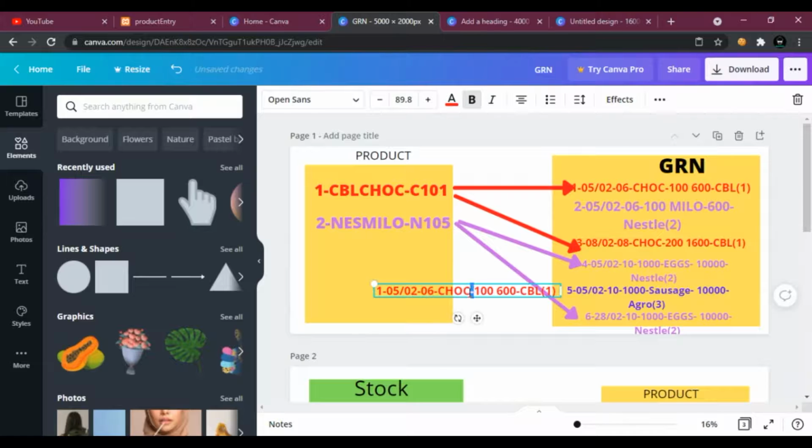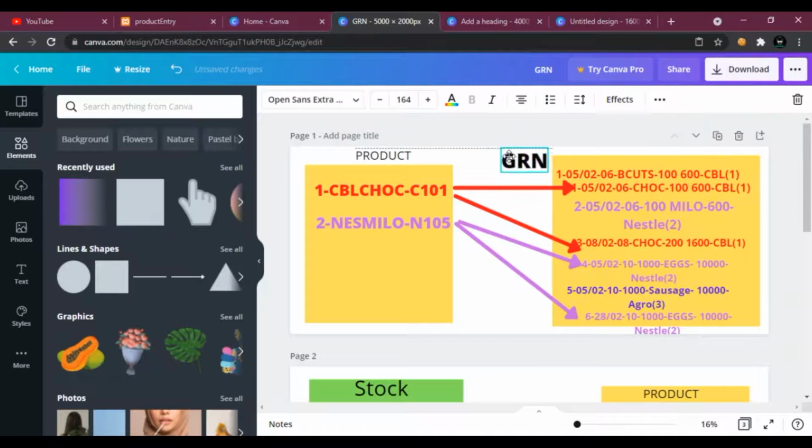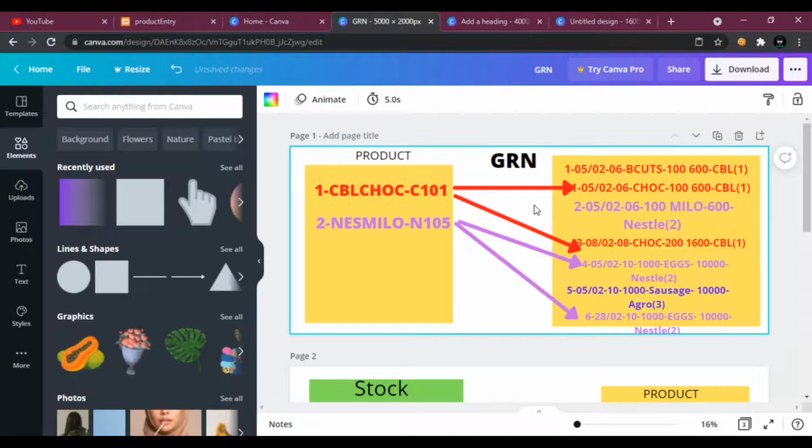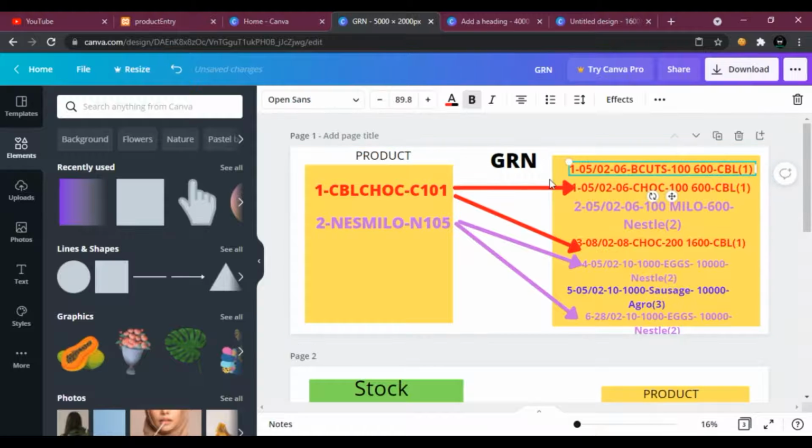Let's say we bought biscuits on the same date, CBL biscuits. He bought it from CBL the same date. This is considered another product. This cannot go to this one, right?